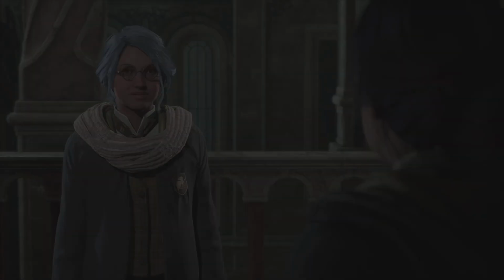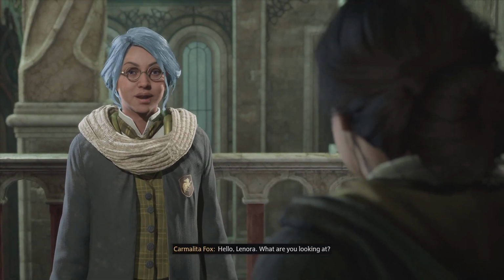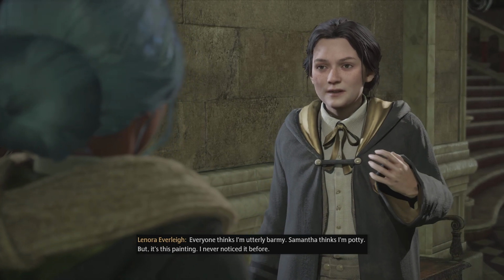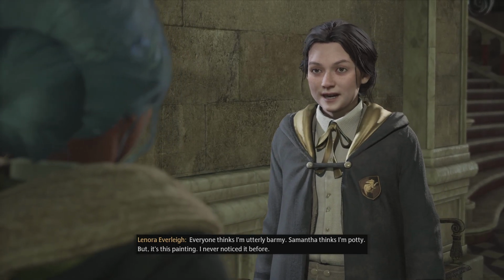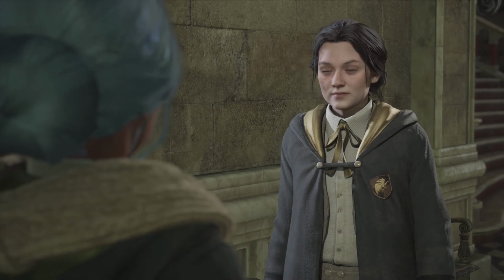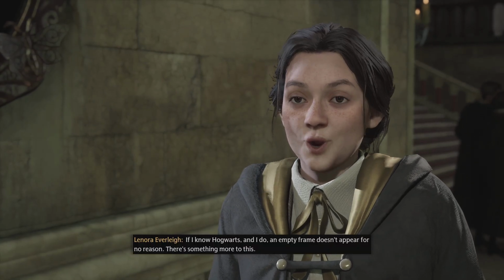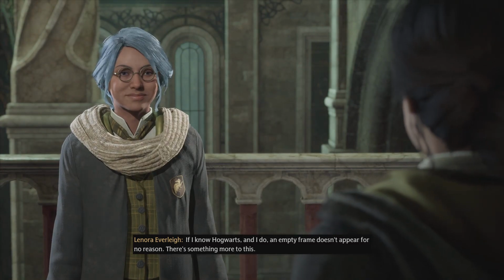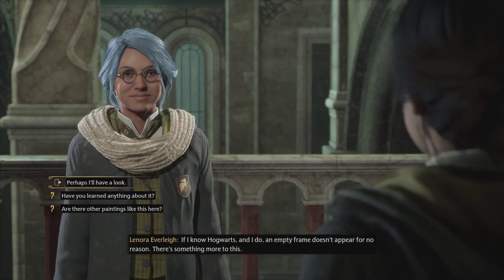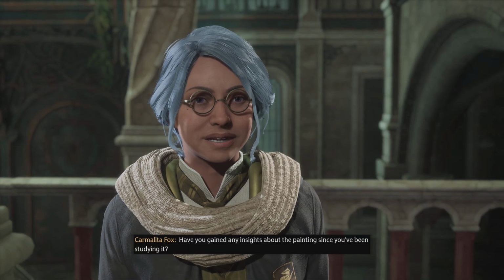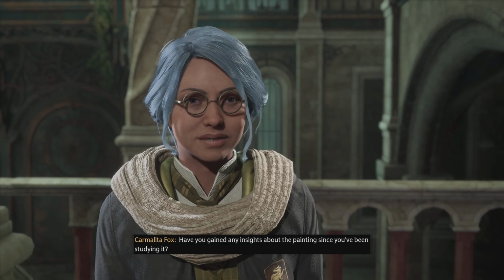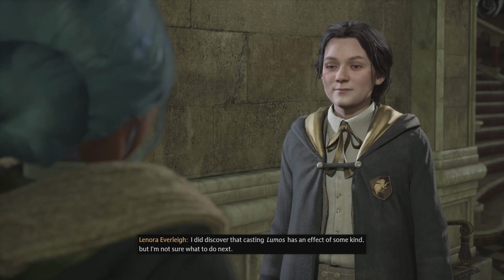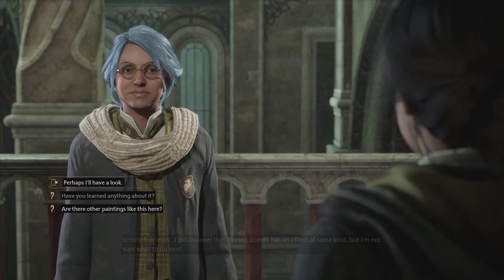Hello, Lenora. What are you looking at? Everyone thinks I'm utterly balmy. Samantha thinks I'm balmy. Potty. But it's this painting. I never noticed it before. If I know Hogwarts, and I do, an empty frame doesn't appear for no reason. There's something more to this. Have you gained any insights about the painting since you've been studying it? I did discover that casting Lumos has an effect of some kind. But I'm not sure what to do next.